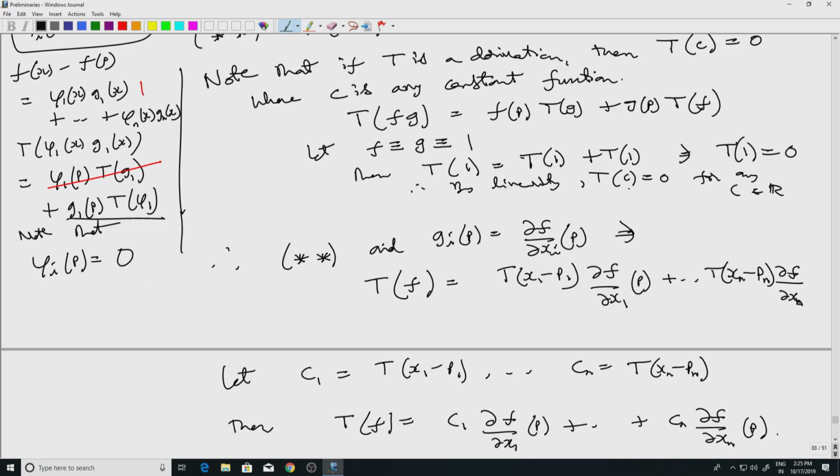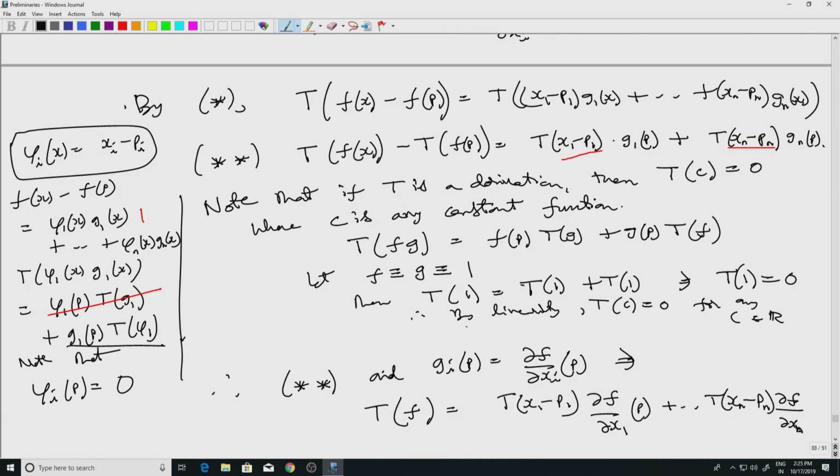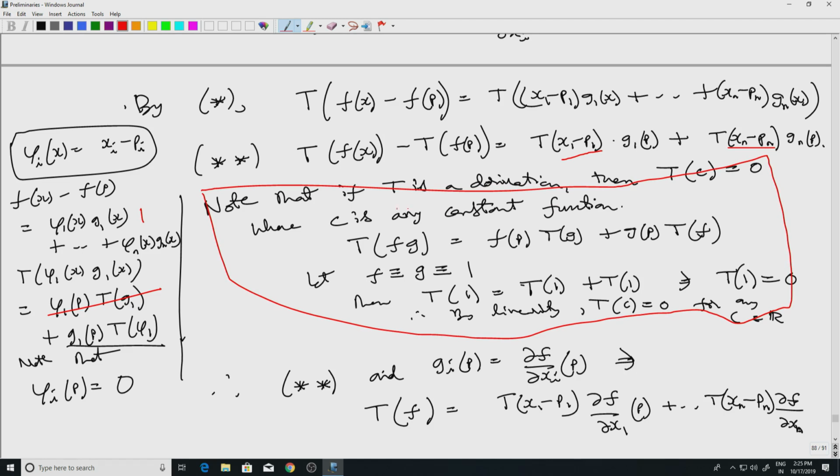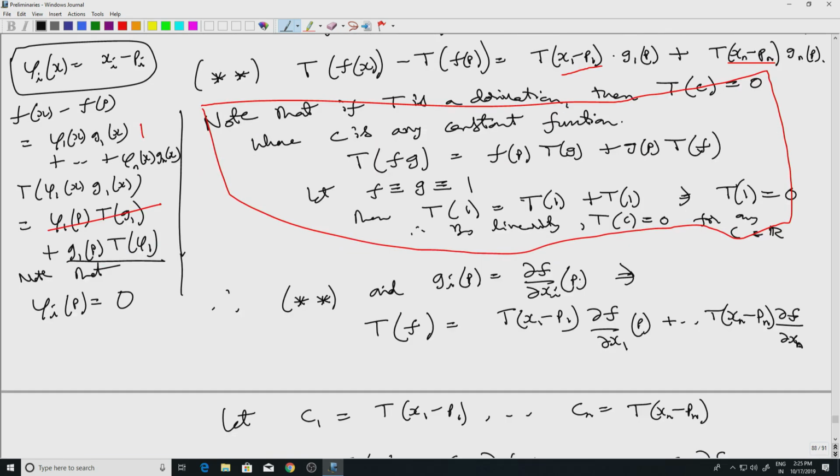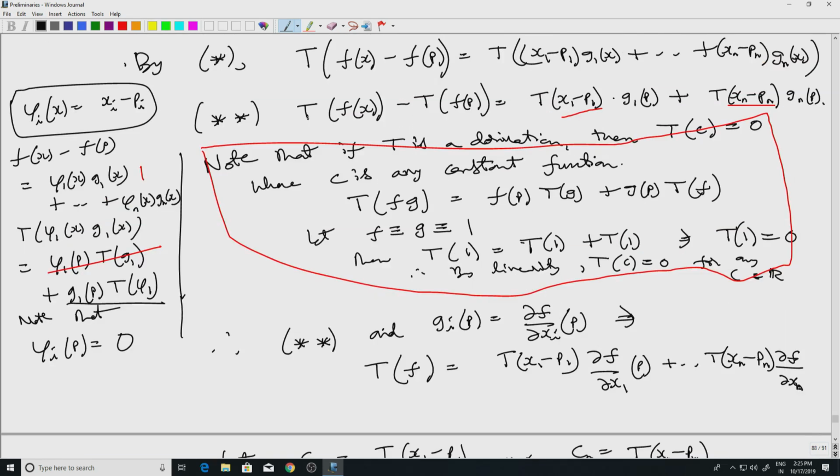So the small observation here will imply that the second term T of f(p) goes away. So T of f would be equal to all this right hand side.